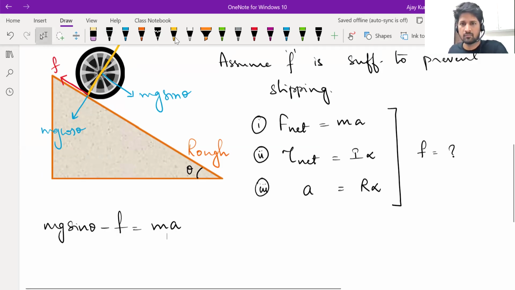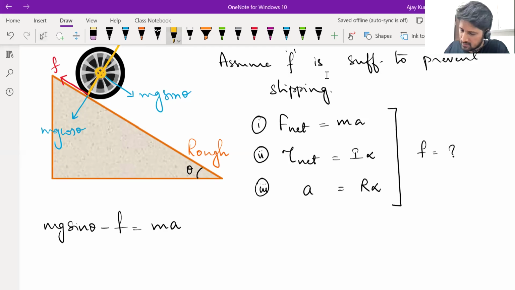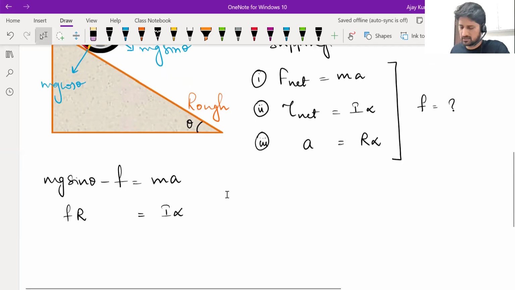F into R equal to I alpha, sir. Friction is the only force which produces a torque, and the axis of rotation passes through the center of mass of this object, so the perpendicular distance becomes its radius. So F r equal to I alpha. We'll keep I as it is. We don't know what kind of object it is. We are deriving a general equation.